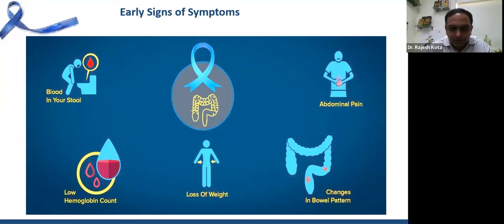All men with anemia or low hemoglobin should consult a gastroenterologist, and if needed, they'll ask for an endoscopy, that is a small camera viewing your upper gastrointestinal system, that is the esophagus or the food pipe and the stomach and the first part of the small intestine.